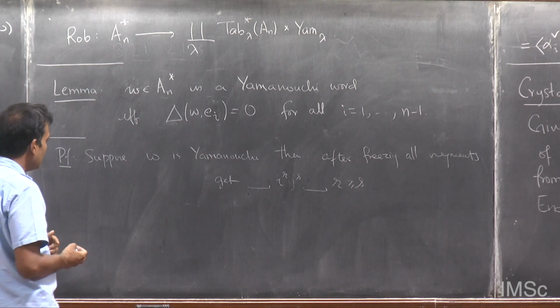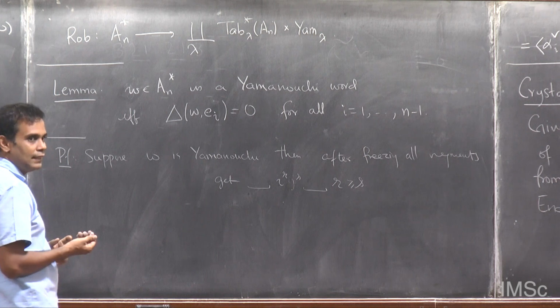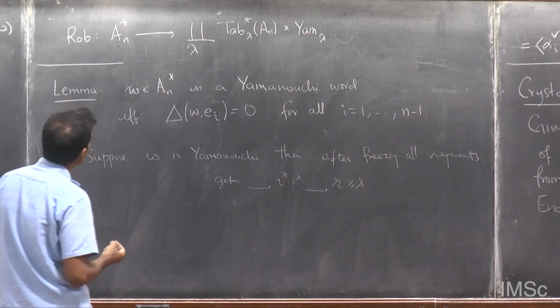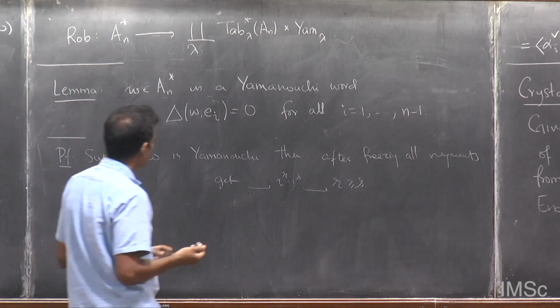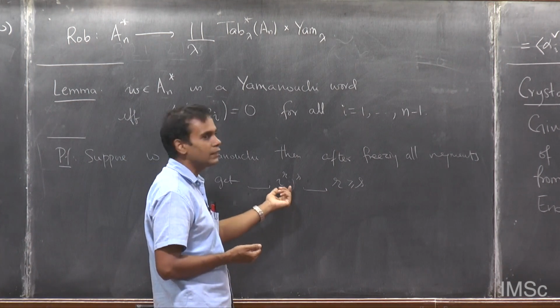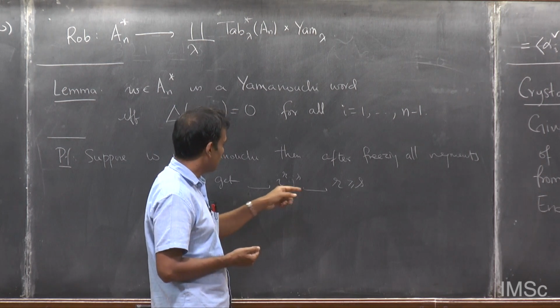And conversely, if you cannot apply any e_i, then again what you will see is that after freezing you will never get any j surviving.